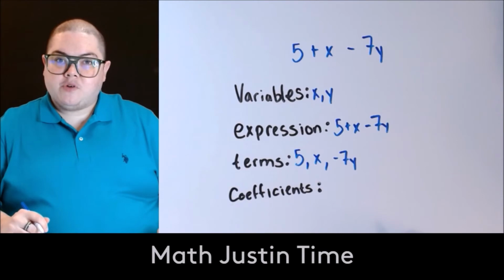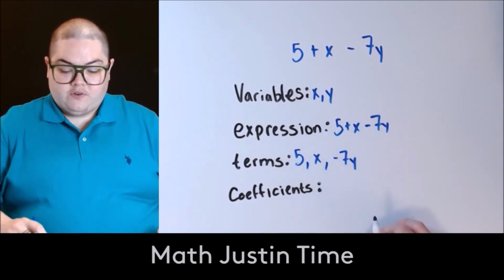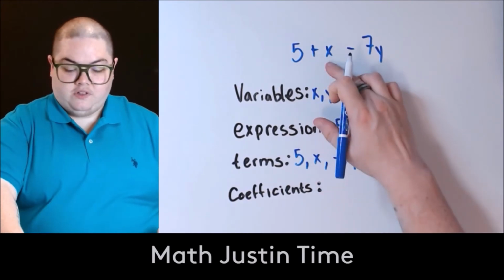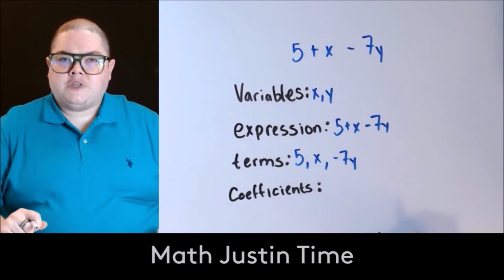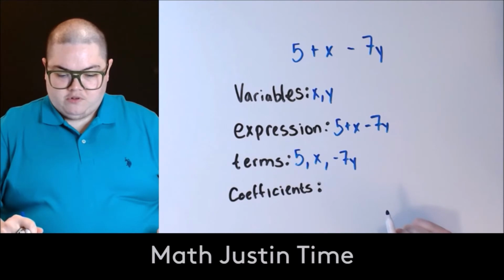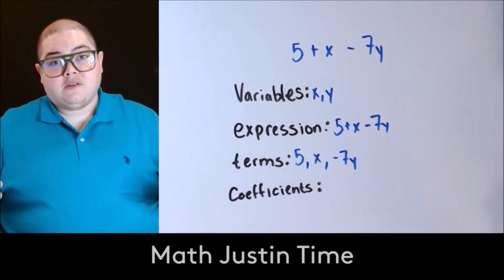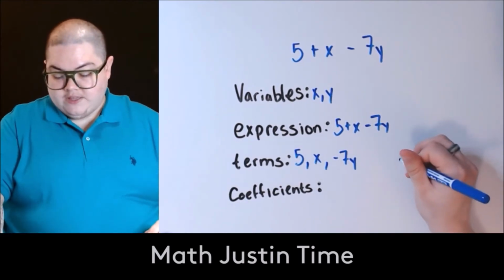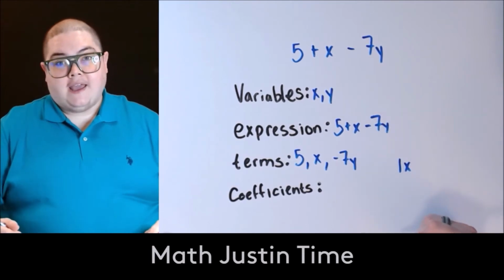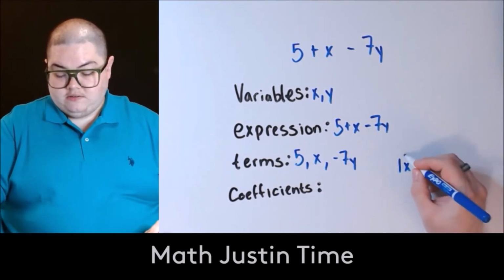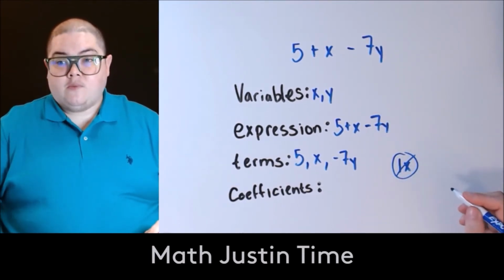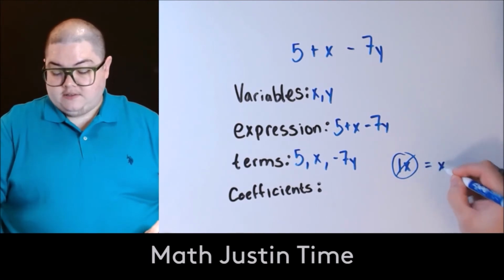Now, coefficients. Coefficients are the numbers that are in front of the variable. So let's look at the first one. We've got an x. If we look up here, there's not a number in front of this variable. Something that we do in algebra, instead of writing 1x, we don't write this. We actually just write x.